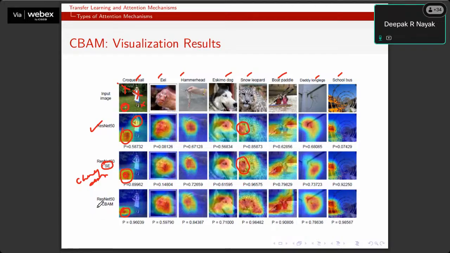But CBAM, another kind of attention which combines both channel attention and spatial attention together, is trying to focus on all the important parts, right? So that is how attention is going to help us in improving the performance of the model as well as improving the explainability of the model. That means the model should only focus on the important part and it should ignore the other parts.